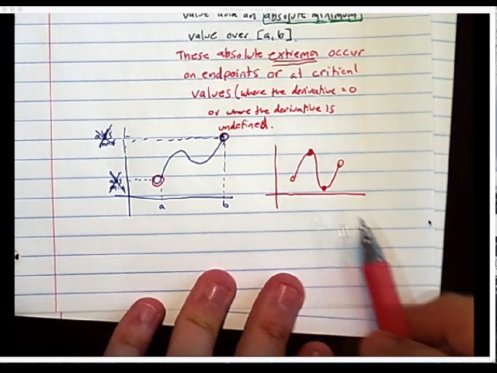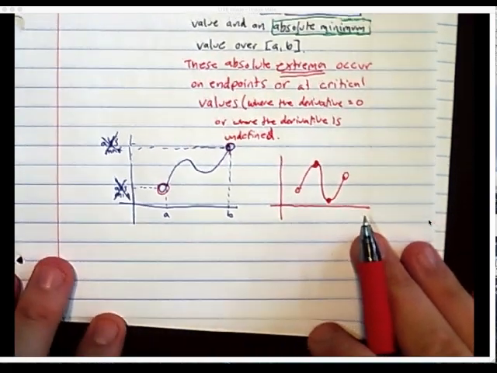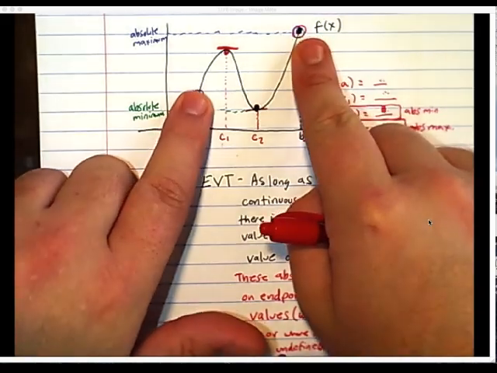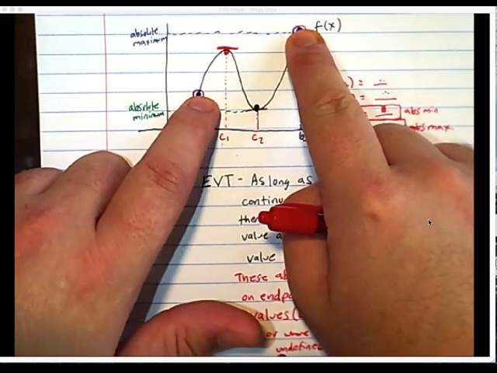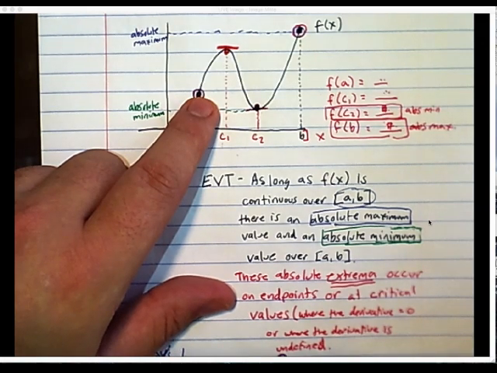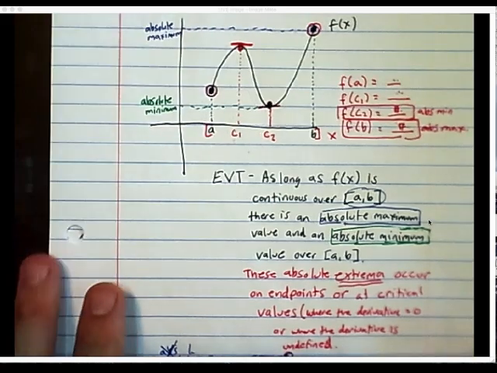So the only way we're guaranteed to get an absolute maximum or minimum is to have these endpoints filled in. They have to be closed circles or filled-in circles. Okay. And the other requirement of the theorem is that it has to be continuous.